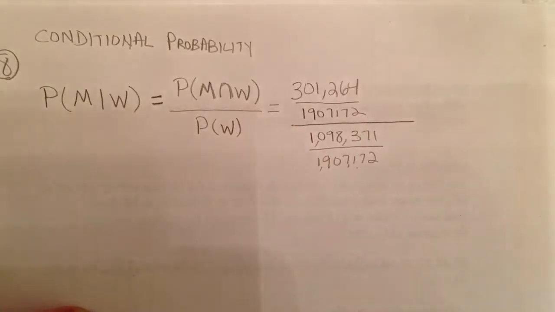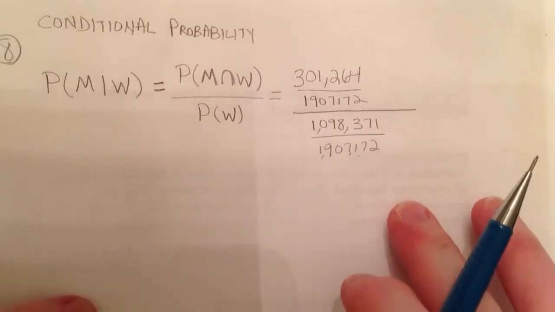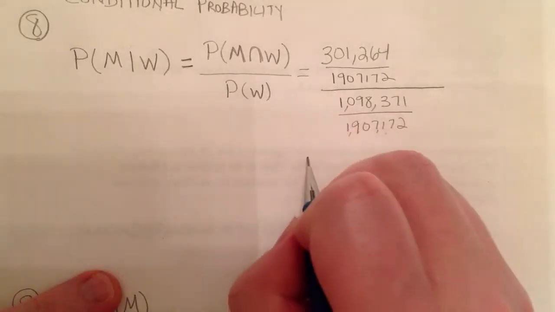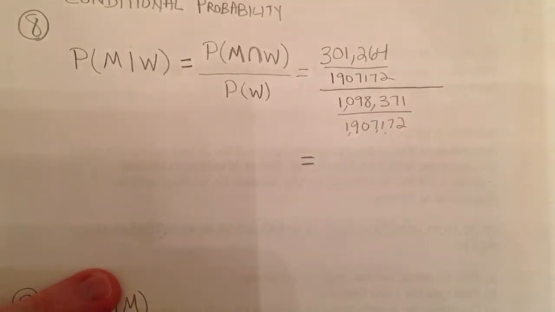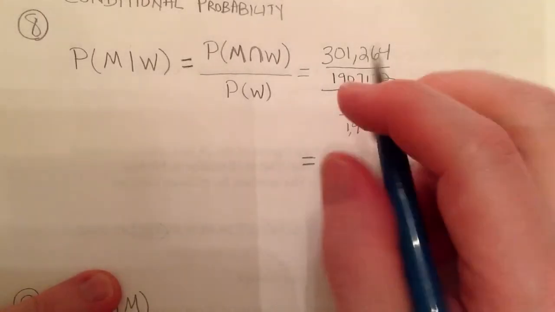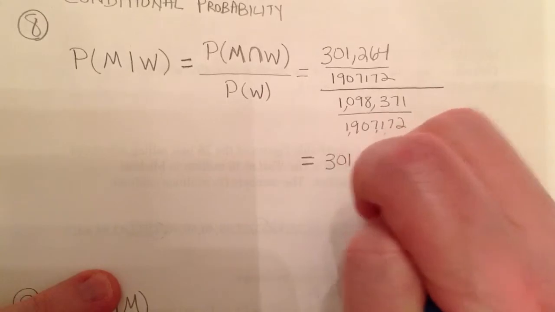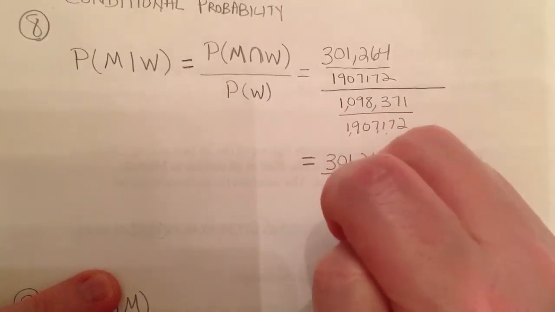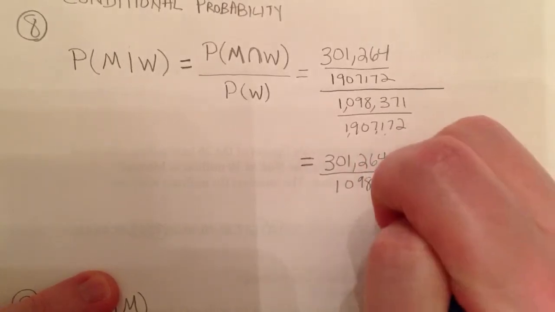And with the complex fraction, which consists of ratios with the same denominator, the probability that the degree recipient will have a master's, given that the degree recipient is a woman, is 301,264 out of 1,098,371.